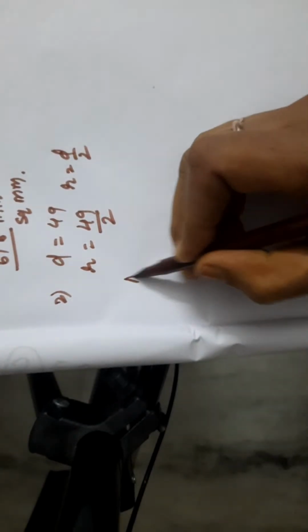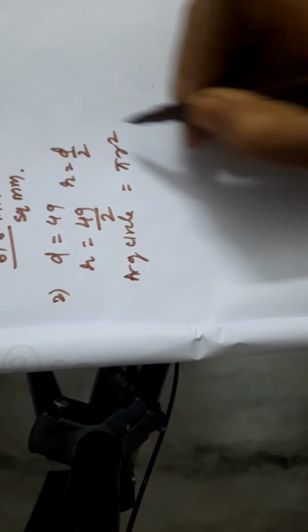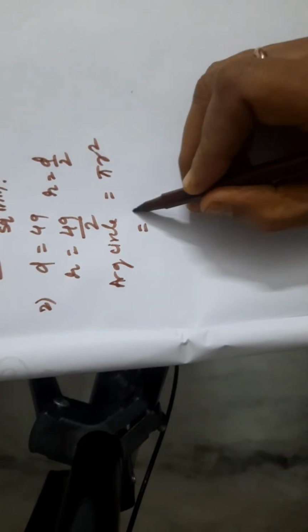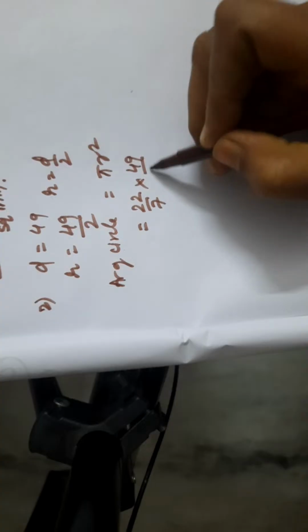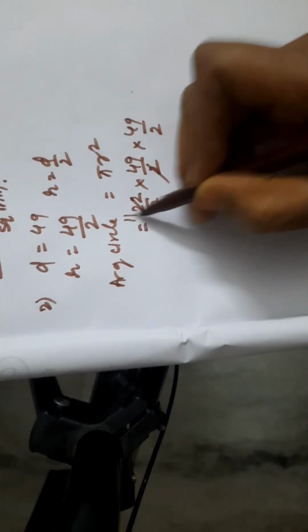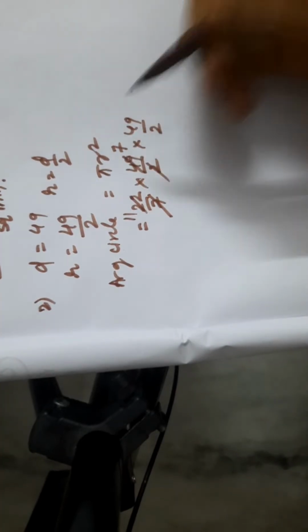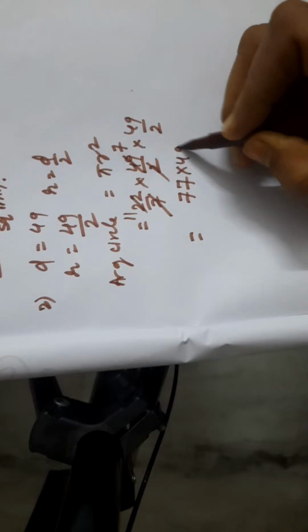Now find the area. Area of the circle is pi r square. Put in the values. Pi is 22 by 7. Radius is 49 by 2. So this will get cancelled. 7 7s are 49. So it is 77 multiplied by 49 whole divided by 2.